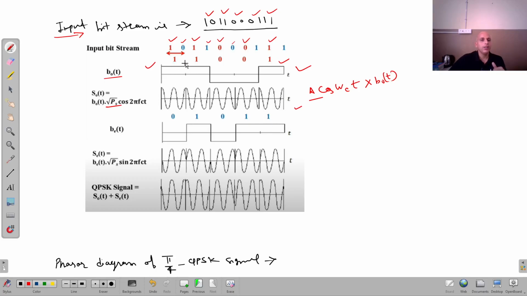Corresponding to these bits. Similarly, this is the even bit stream. This is 0 1. You can see here 0 1 0 1 and this one. So this is now the second case. Here it is A sin ω_c t multiplied by B_even(t), and then these two are added together, right?